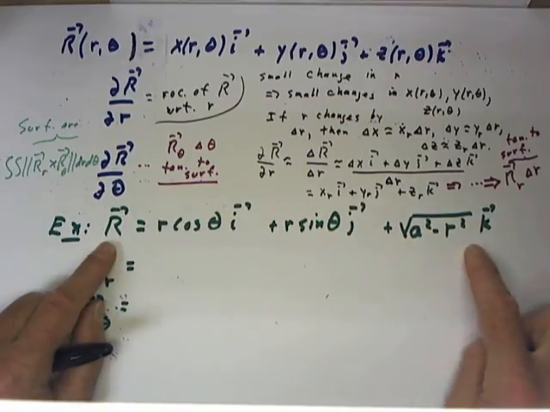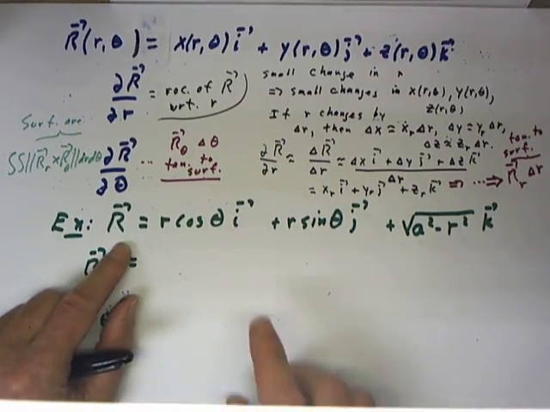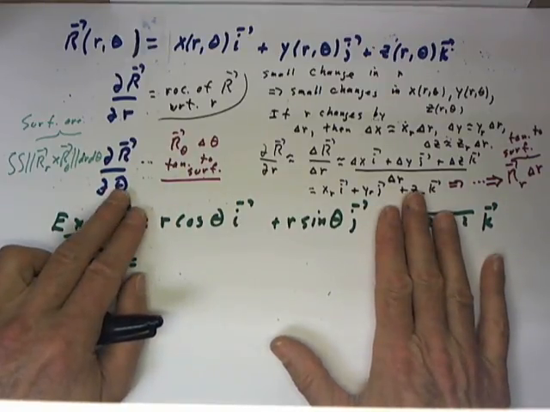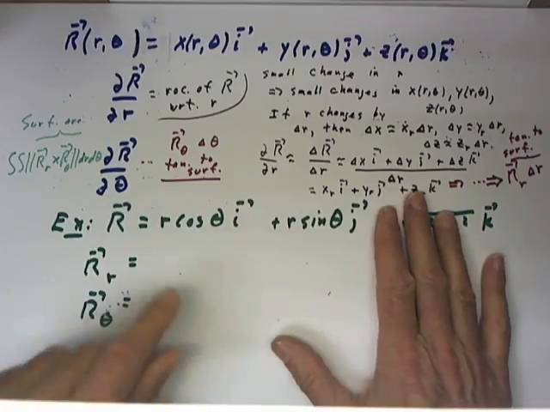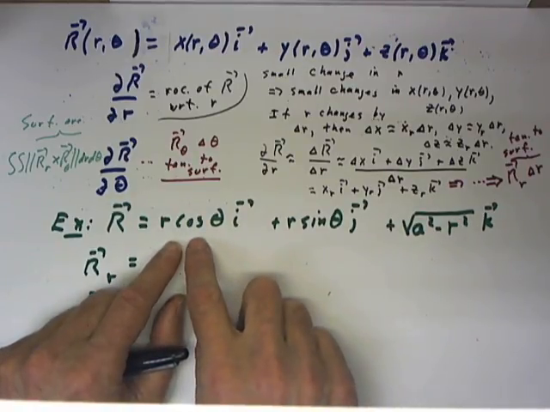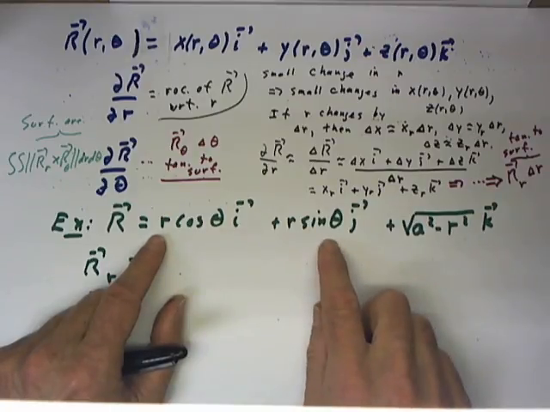Now, the vector function we're going to use as an example, this one has a very simple interpretation. In the x and y plane, we see that this is simply the equation for given r and letting theta go from 0 to 2 pi.